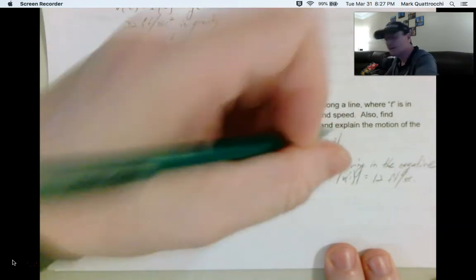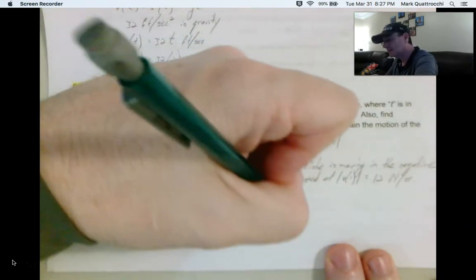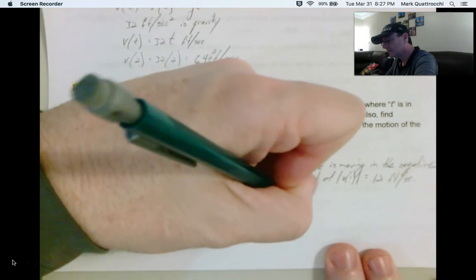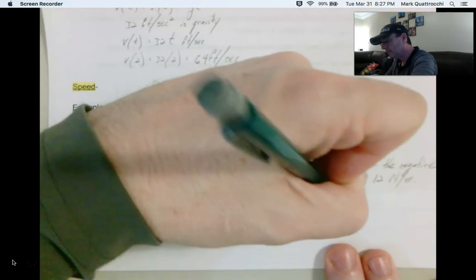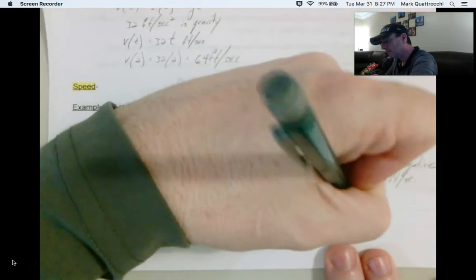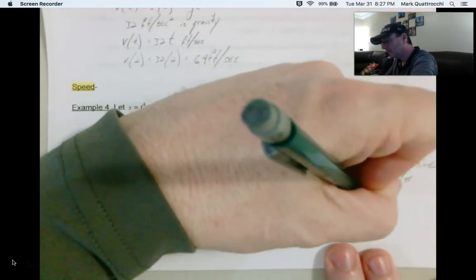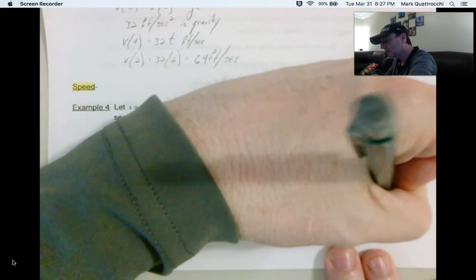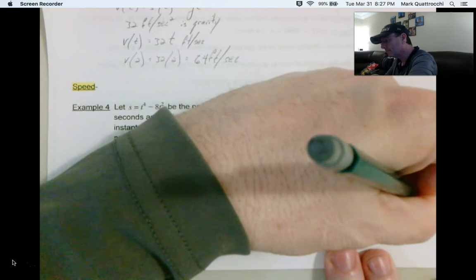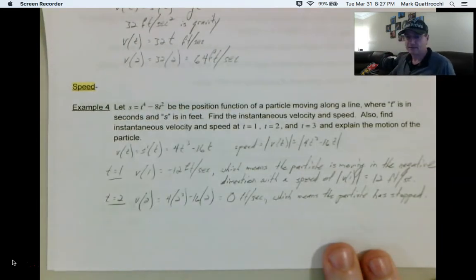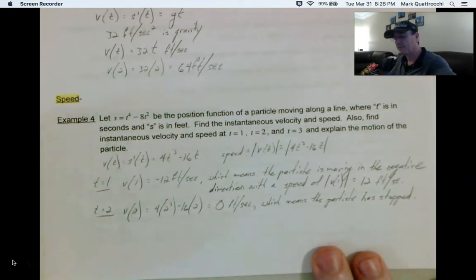Which means the particle is stopped. Its velocity is 0. It is not moving.